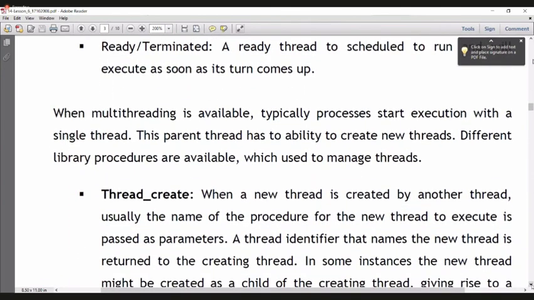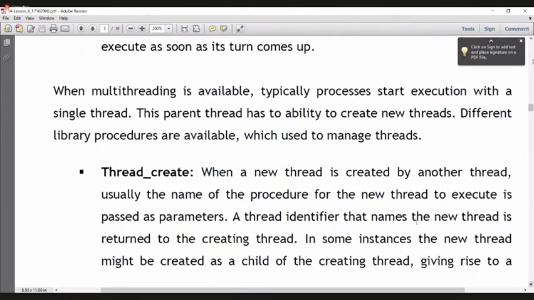If your operating system supports multi-threading, typically a process starts execution with a single thread. So initially you have only a single thread in the process. This parent thread has the ability to create new threads.